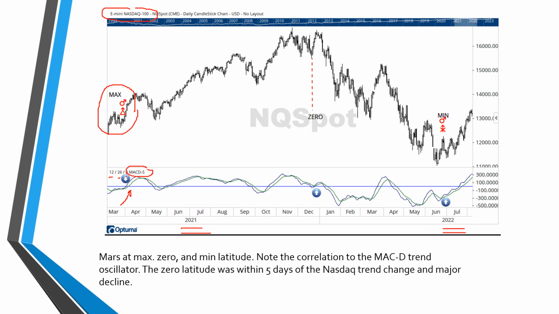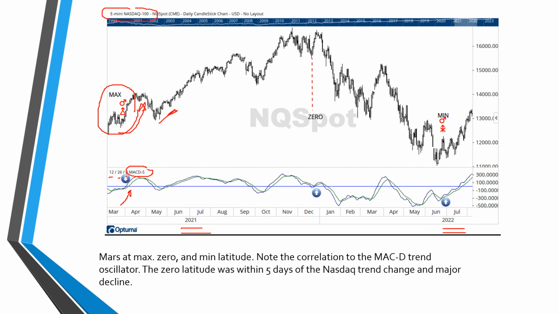It started to change right at this Mars maximum latitude, and you had a decent little rally, which eventually pulled back and then gave way into another rally. Now, not every one of these trend turning points is going to be specifically related to Mars, but the ones that I have seen bear out a correlation.